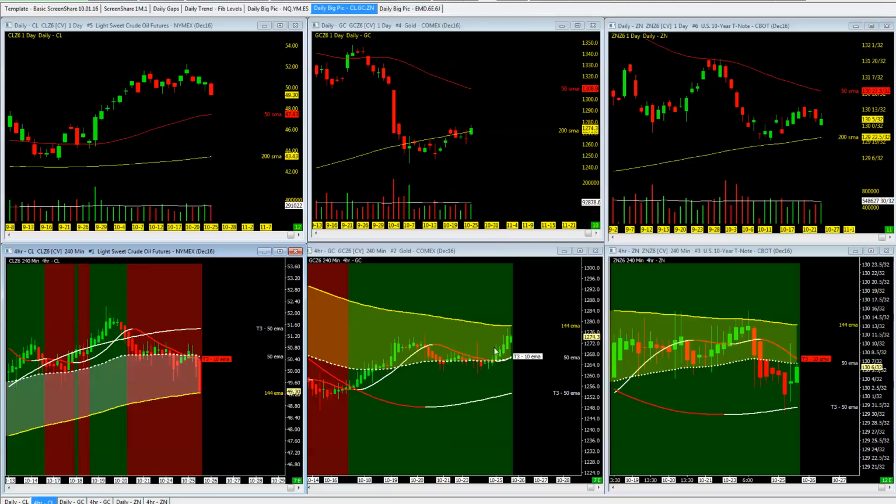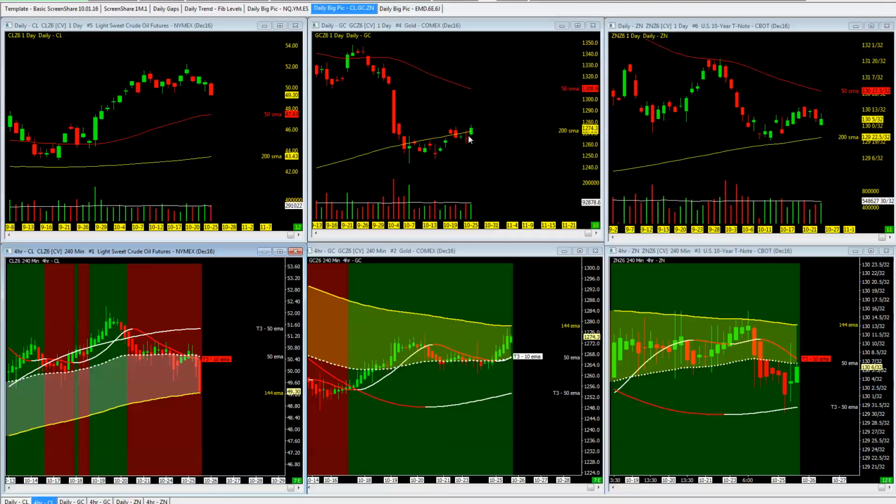Gold, I got to go with the downside still as price action is just waffling here at the 200, underneath the 50, 50 below the 144, sitting inside this gap. If gold breaks upside above the 144 and holds above the 200, then I'll give the momentum some energy, but I will say watch for that 50 upside and then watch for the 50 to cross the 144.